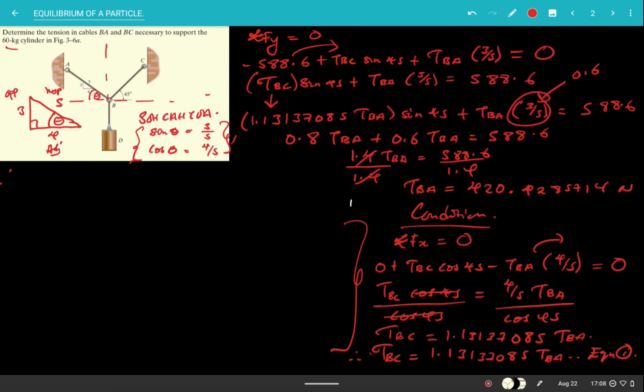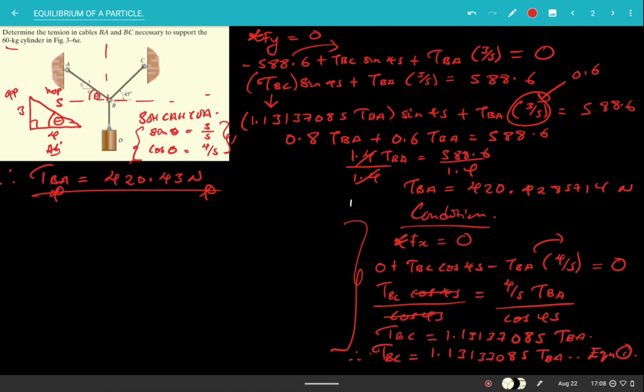I know that my TBA, if I round off to 2 decimal places, would be 420.43 newtons, provided that I was told to leave my answer to 2 decimal places. But if I was told to leave my answer correct to 3 significant figures, my answer would have been 420.